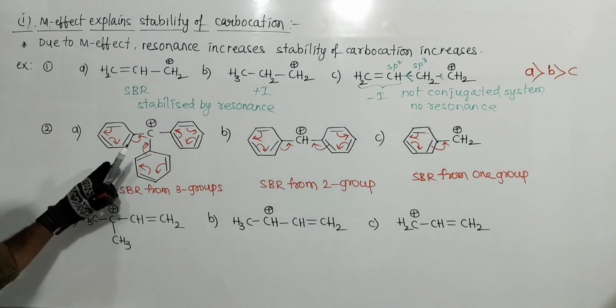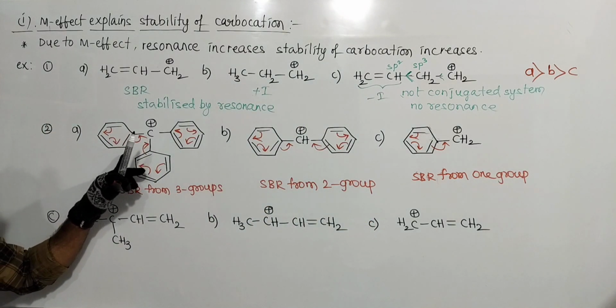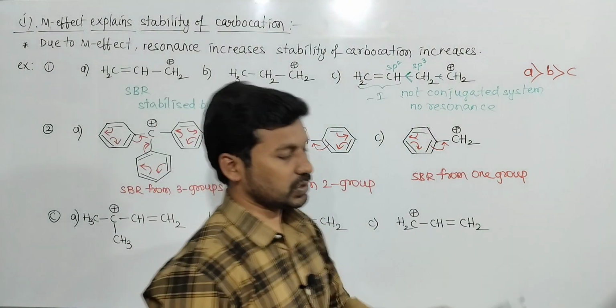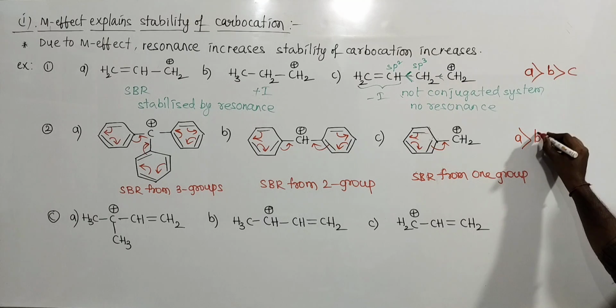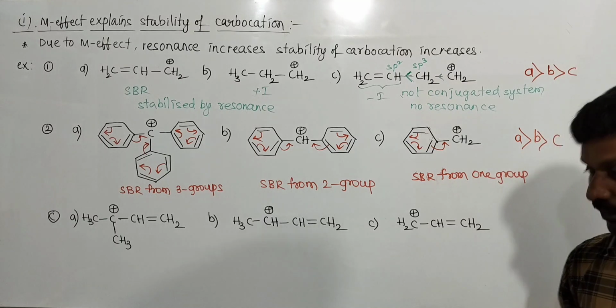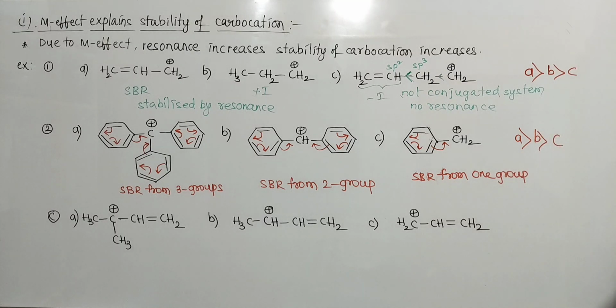More resonance forms are possible here. Less resonance forms, very few resonance forms there. Thus, which one is stable? A is more stable than B, which is more stable than C, for the carbocation.